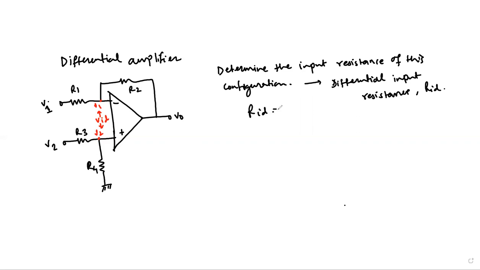So what we have here is VID divided by the current flowing through this circuit, the ratio of voltage over current. Let us see how we can determine it. We can draw this circuit in this fashion.